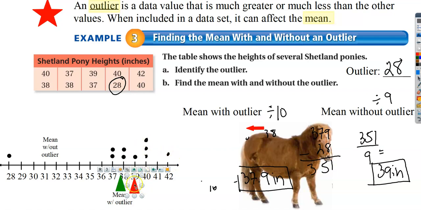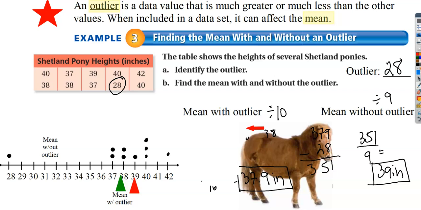So this 39 is somewhere right in the middle of all of our data. So what happens is this outlier, because it's so much lower, it actually shifts the mean, right? So instead of a 39 average, it looks like the average would be 37.9. And that's not really representative of the data.